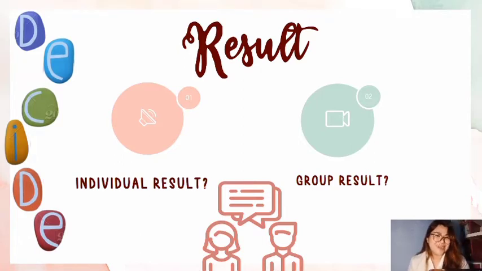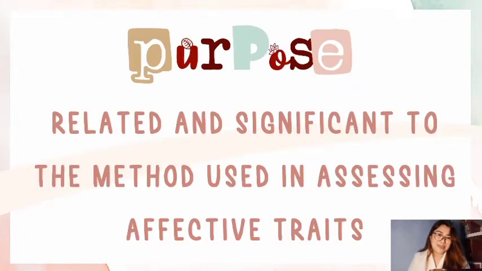Do you need an individual result or a group result? You decide whether you need an individual result or group result. The purpose is related and significant to the methods used in assessing affective traits. For example, if the purpose of assessing the affective trait of students is for reporting performance to parents, then you should consider individual results.